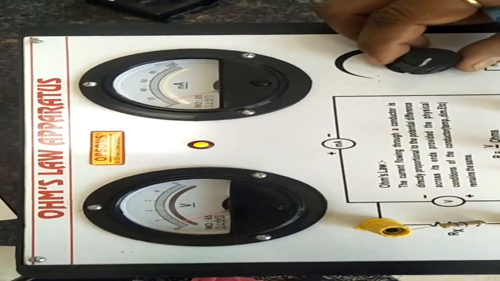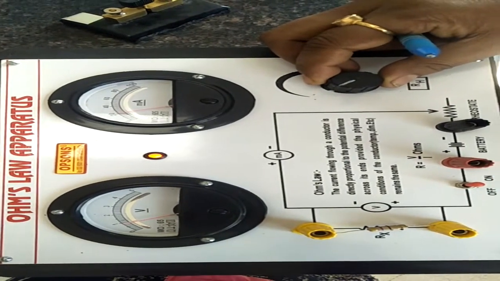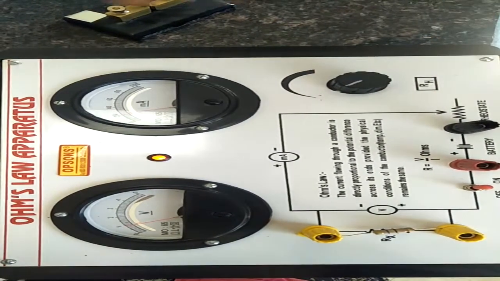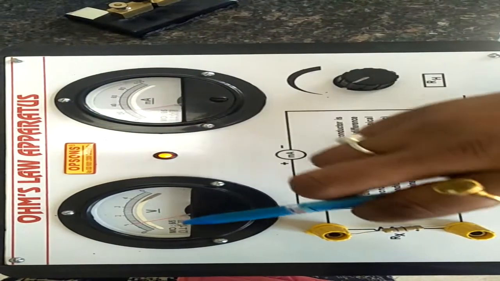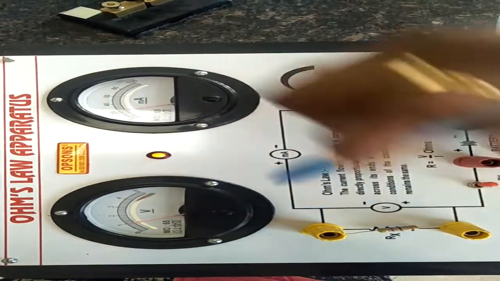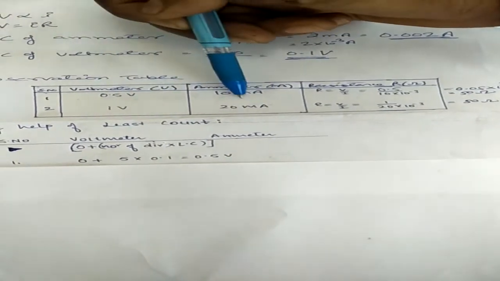Similarly, we are going to take the second reading. Here again, if I increase the value of the resistor, the current is 20 milliampere, and corresponding to this is 1 volt. So I have noted down the readings: 20 milliampere, corresponding to which is 1 volt. Again I have calculated the resistance.